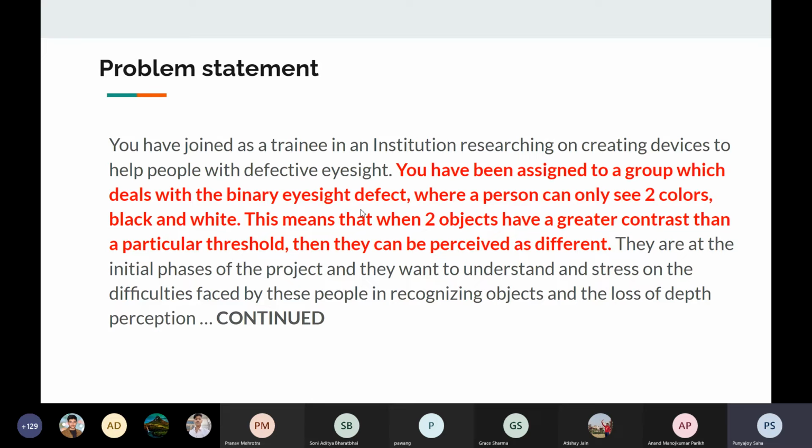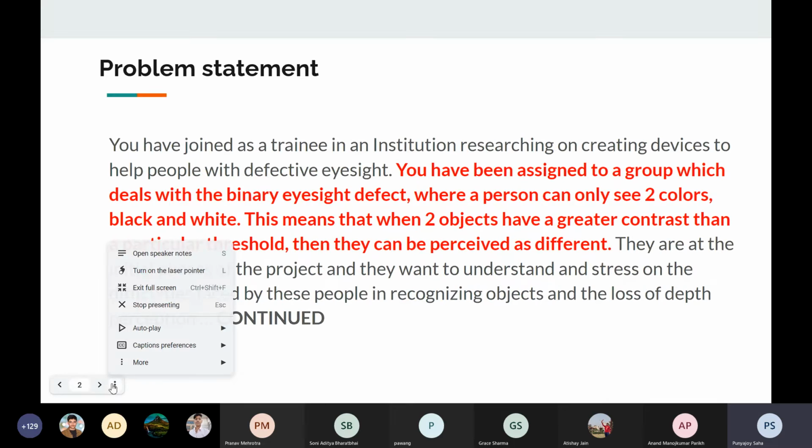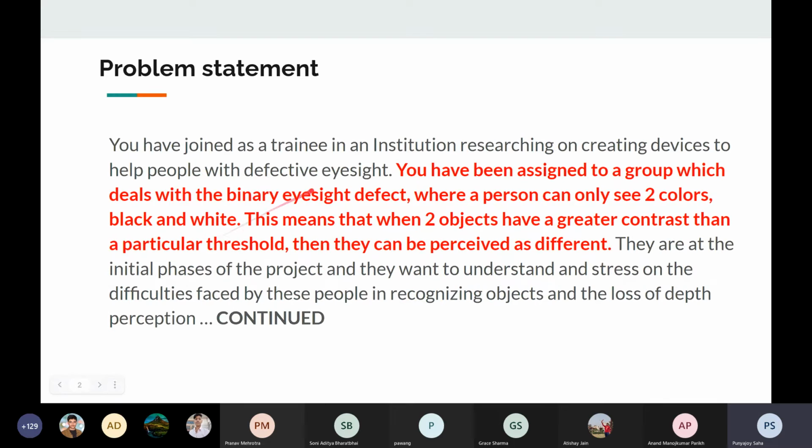The problem statement is that we are a training institution creating devices to help people with defective eyesight. You have been assigned to a group which deals with binary eyesight defect, where a person can only see two colors.